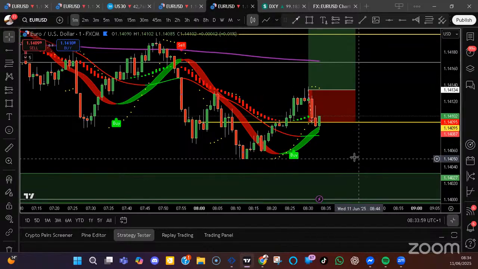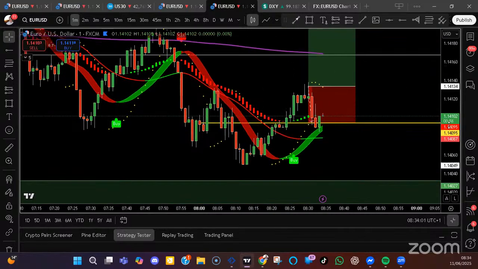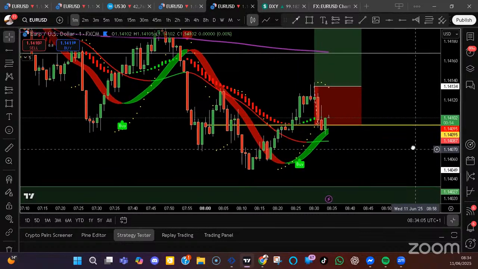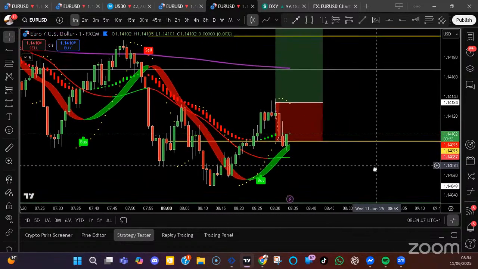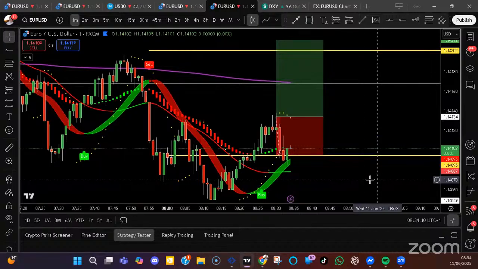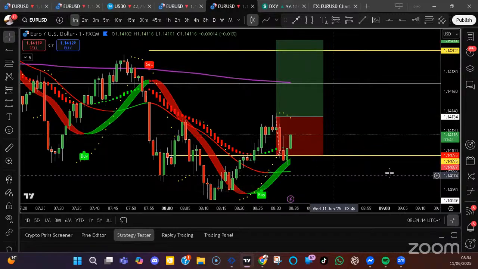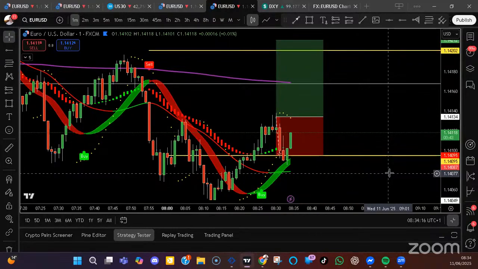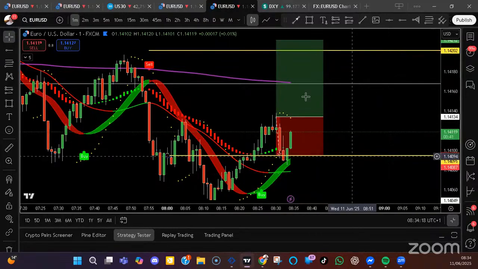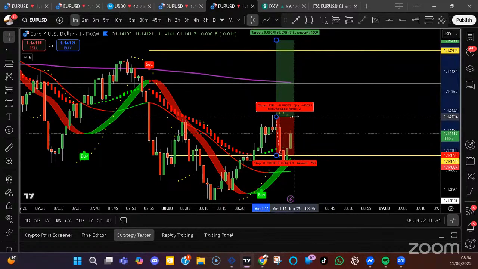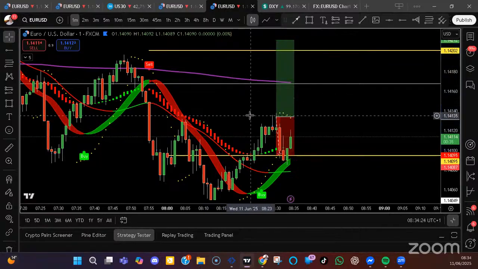But we've got buy zones here, so it's conflict of interest here, really. We tried to make a move here, and it took us out for a 1% loss, which is fine. No big deal whatsoever.